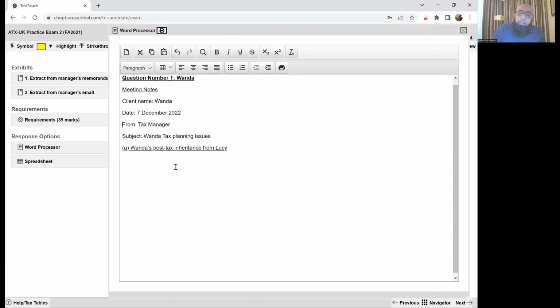Sometimes he can ask about meeting notes, whatever he is asking. Okay. So meeting notes, client name is Venda. Date 7th December. We picked it up from the question from the tax manager, and the subject is Venda tax planning issues. Okay. So now Venda's post-tax inheritance from Lucy.